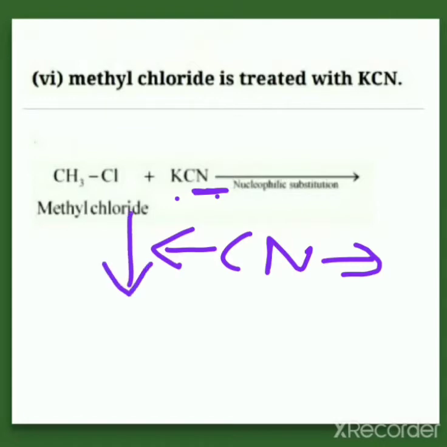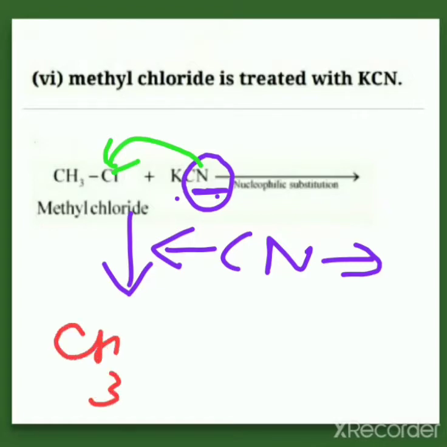So when you make the product, it is a substitution reaction, that means the CN is taking the position of the halide. So what will the product be? That is CH3, and in the place of Cl we write CN. That is a cyanide product. But if AgCN is given, this time the product will be NC, that is isocyanide.